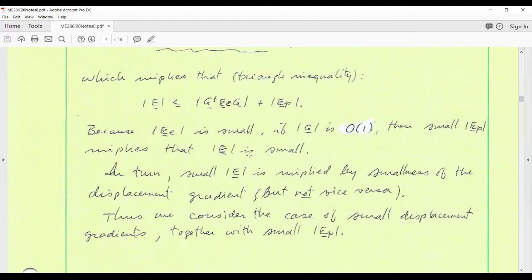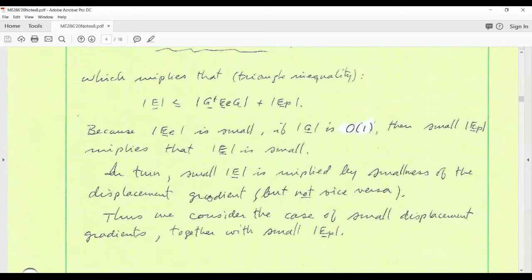Okay, well, small strain is still possible even when the deformation is large. You could have a large rotation in the material, and the strain would still be close to zero. However, a small strain is implied by, say, smallness of the displacement gradient, not deformation gradient.